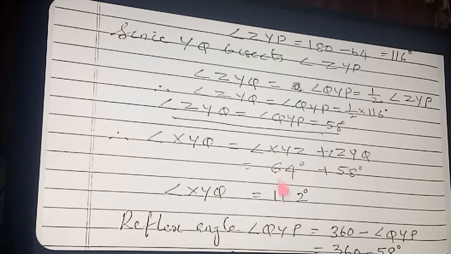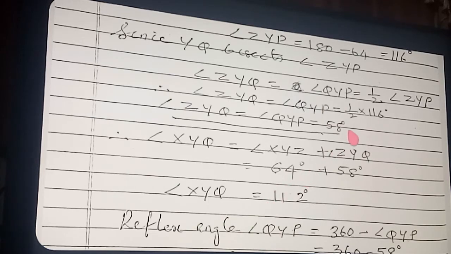So what is XYZ? 64. What is ZYQ? 58. Add and see how much is coming. We have 122. So you correct it and write it right here. 8 plus 4, 12, the remainder 1, 6 plus 5, 11, 11 plus 1, 12. So here what is the answer coming? 122. Okay, correct it and write 122 here. Angle XYQ is equal to how much will come? 122. Clear? You should correct it here to 122 degrees.